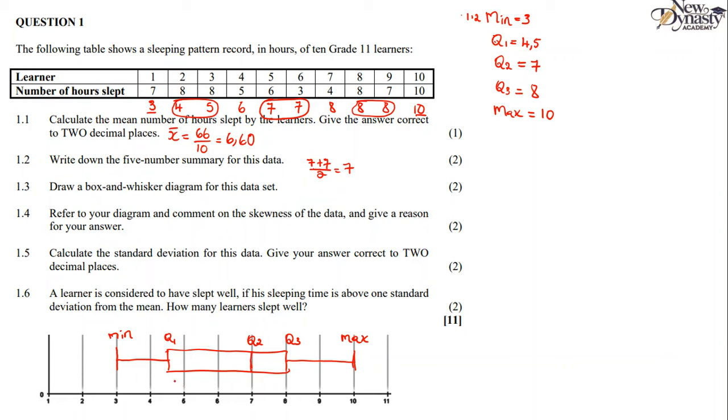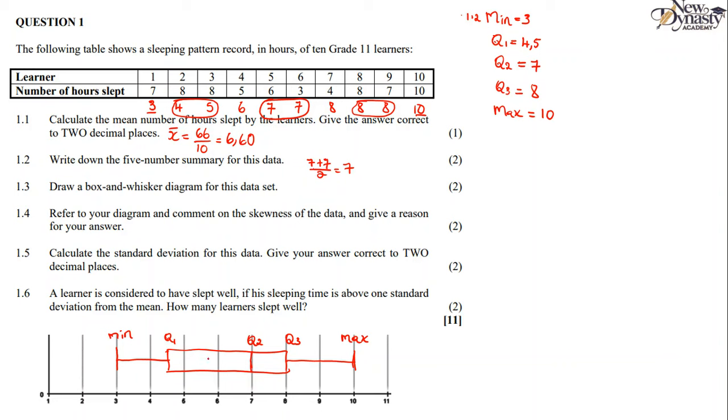Refer to the diagram and comment on the skewness of data and give a reason for your answer. All right. Now, I always tell learners not only to look at the shape of your box and whisker, but also look at the position of your mean against the median.